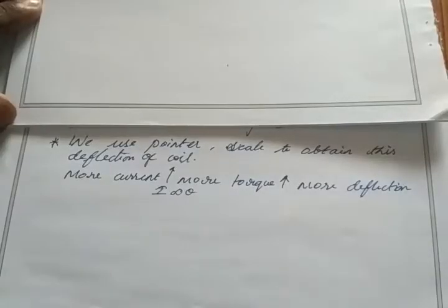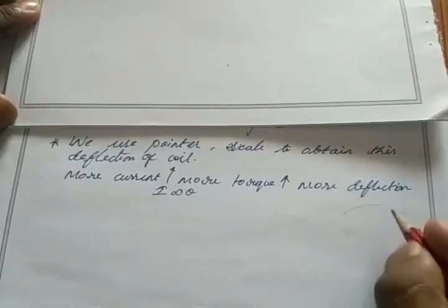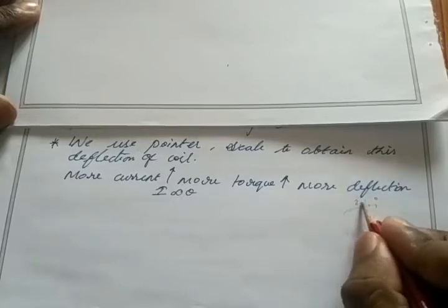We use a pointer and scale to obtain the deflection of the coil. Because of the current flowing, the pointer gets deflected. So we know the construction of a simple galvanometer, right? Here we have 0, on both sides we have readings.